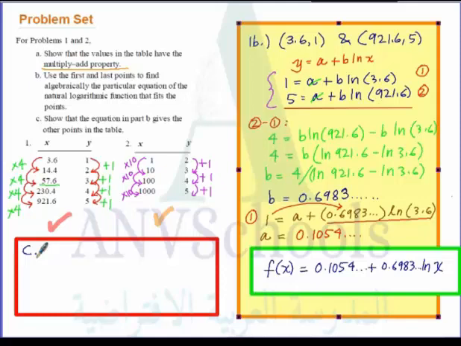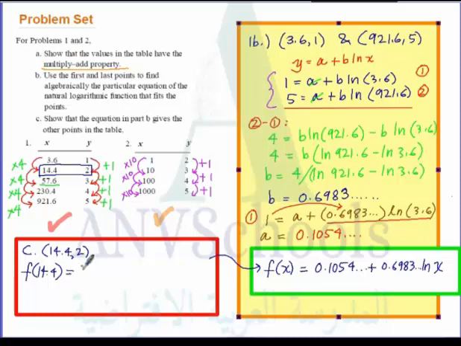Let's choose point number 2, which is (14.4, 2). Using this equation, when my x is 14.4, is f of 14.4 equal to 2? Approximately equal to 2.